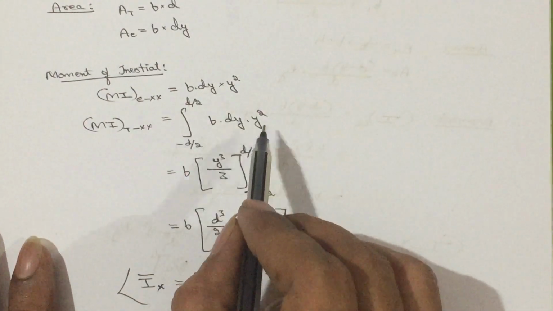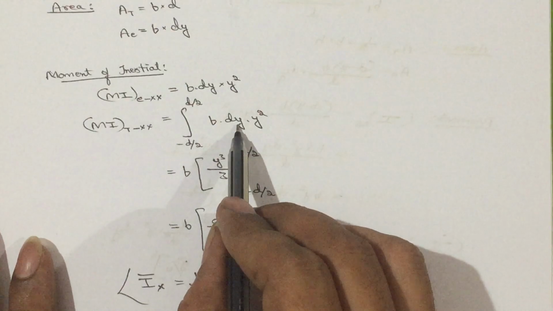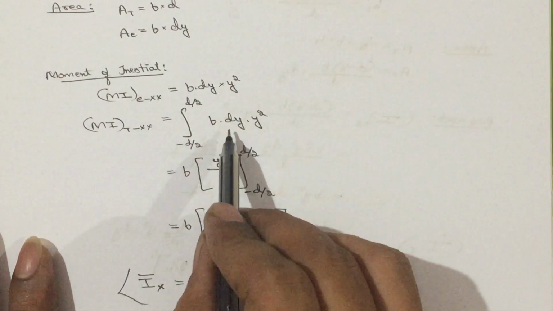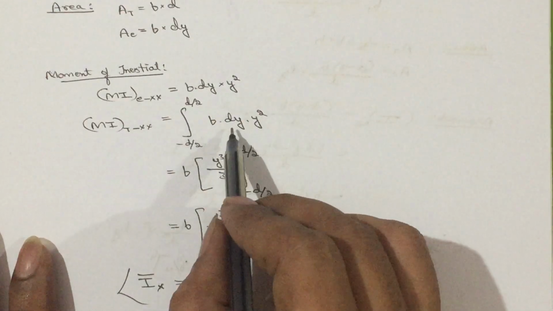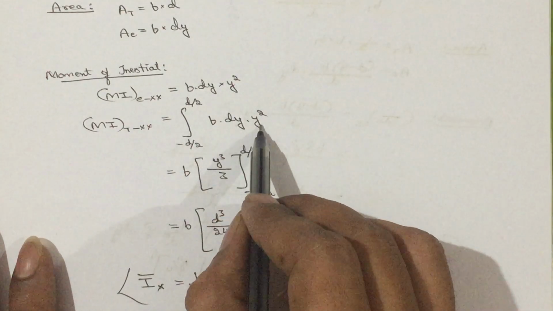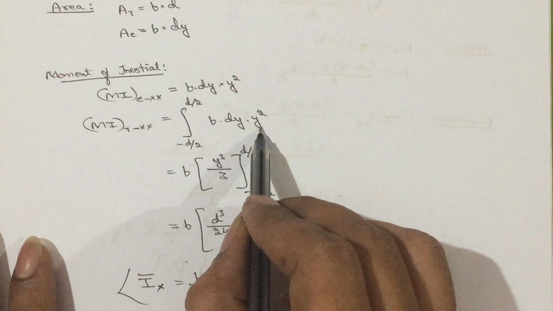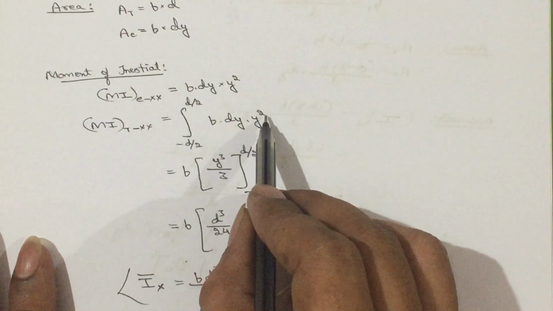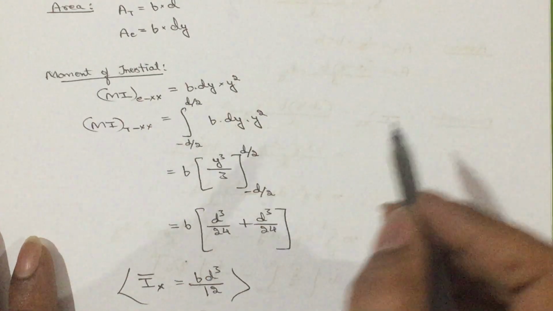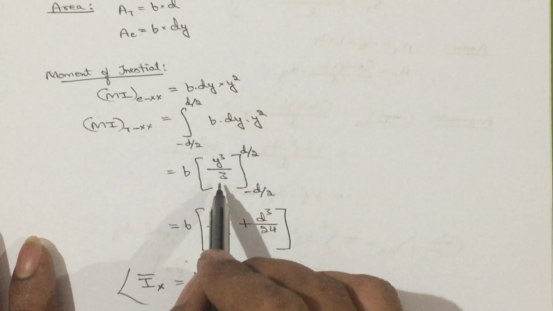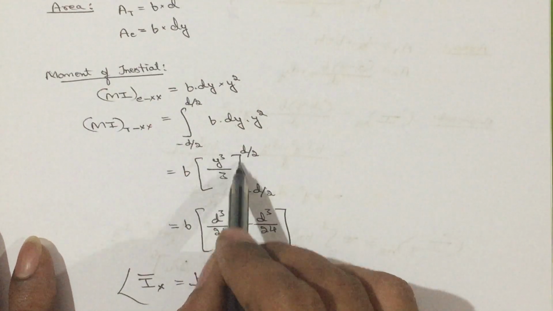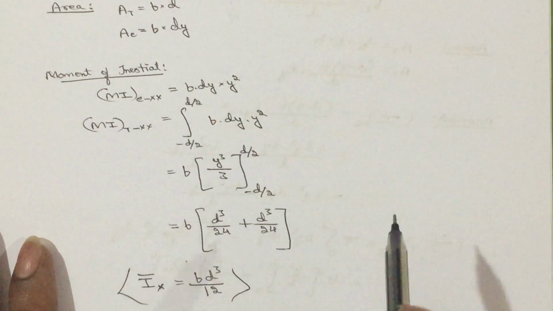Then integrate this with respect to y. b is constant, take it outside. We know the integration of x power n is x power n plus 1 divided by n plus 1, that is y power 2 plus 1 divided by 2 plus 1, y cube by 3. The limits come here.